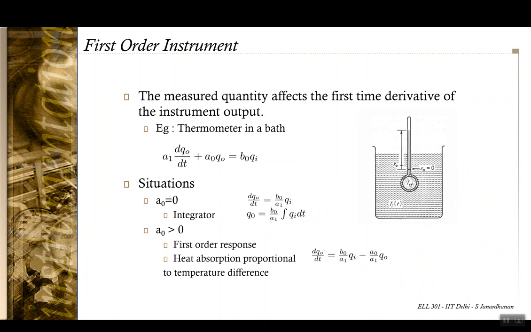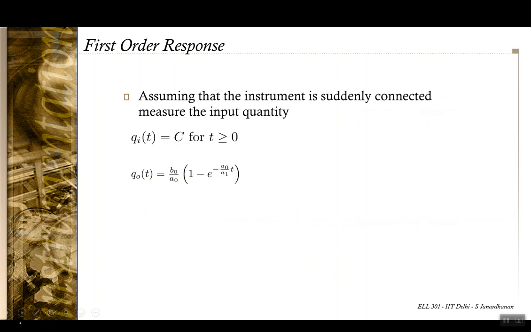Okay, and this sort of a response is called a first order response. Probably you might have seen this, you may study such a response in your basic control course. Okay, so you basically have a first order response in a few instruments like the thermometer.